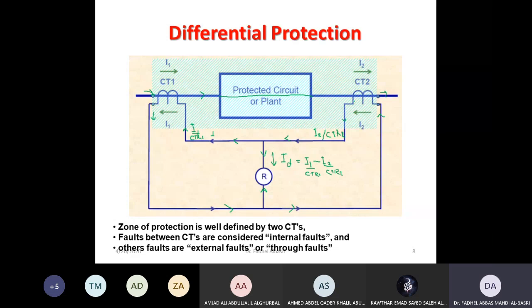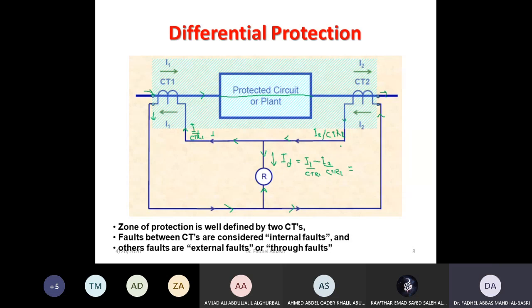If this is a transmission line, I'll choose CT1 the same as CT2. So in this case, I1 minus I2 gets multiplied by 1 over CT ratio, because they are the same. So if these are equal, I end up with a differential of 0.